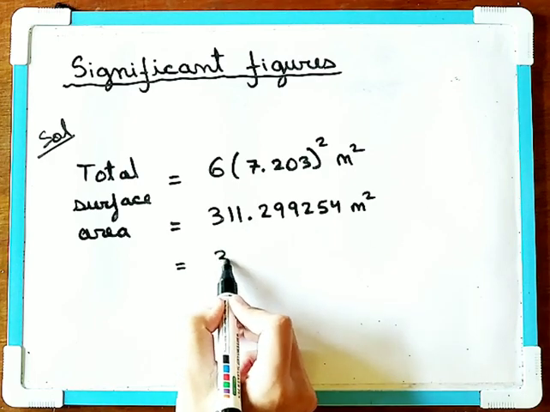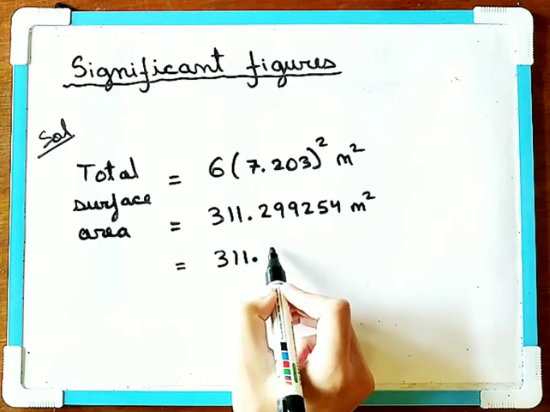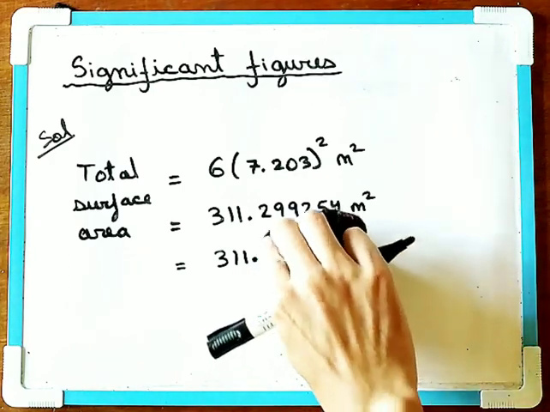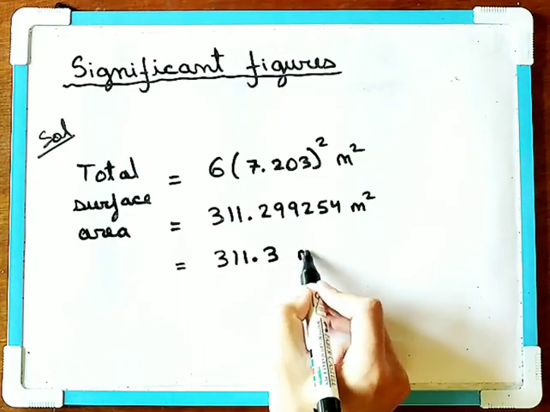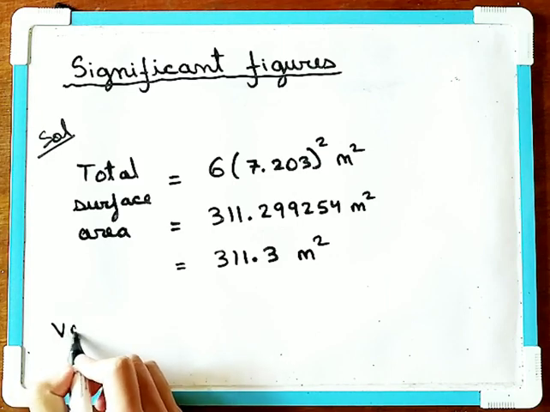Upon rounding off from 9 significant figures to 4, 2 plus 1 gives 3. So the total surface area is 311.3 meters squared.